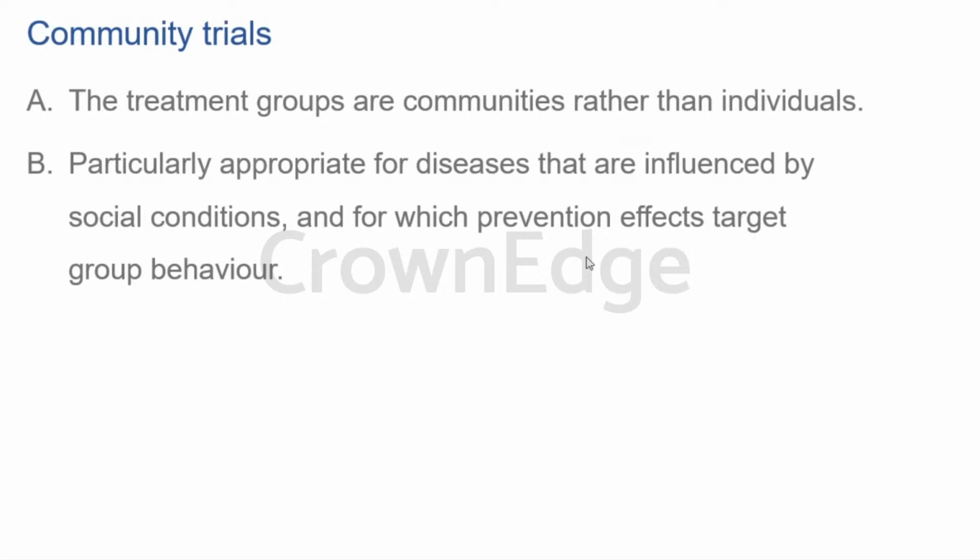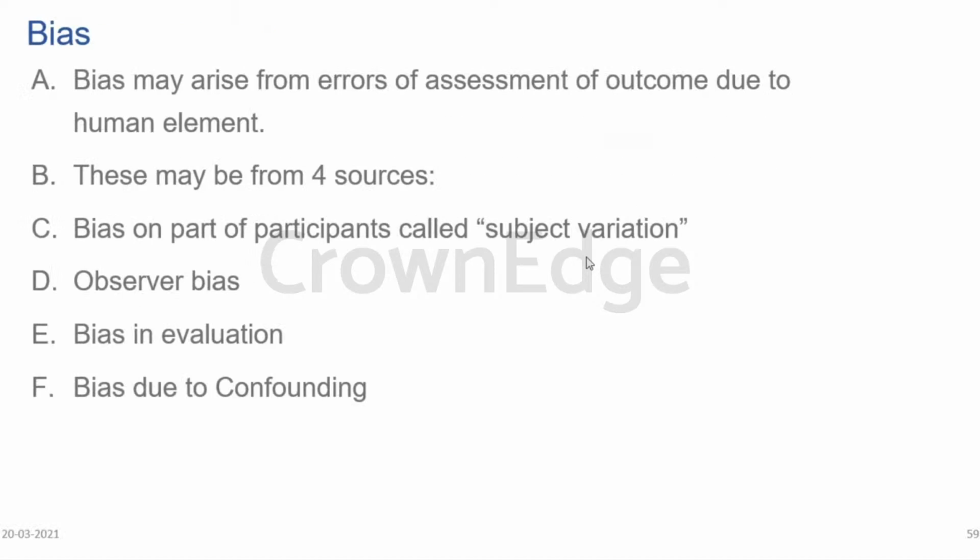There may be some socio-cultural factors that affect the way a particular community gets affected by diseases, which can be prevented by preventive or behavioral modification. This is observed only in community trials. Then in randomized control trials, you come across something called bias.